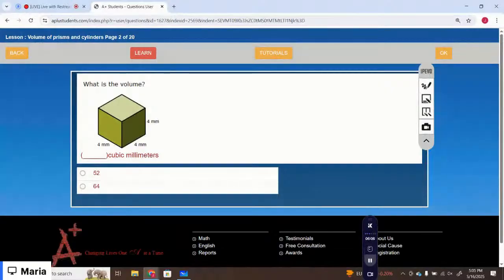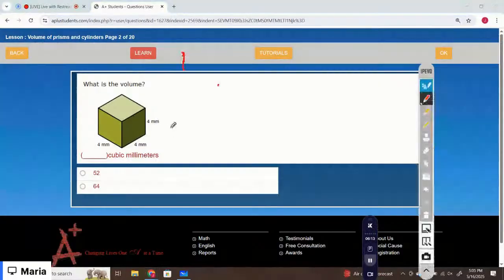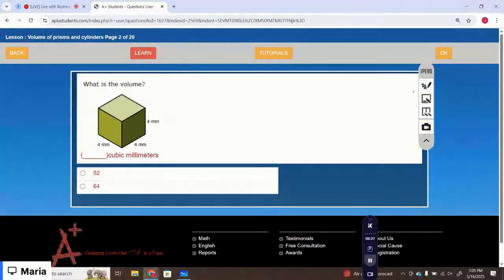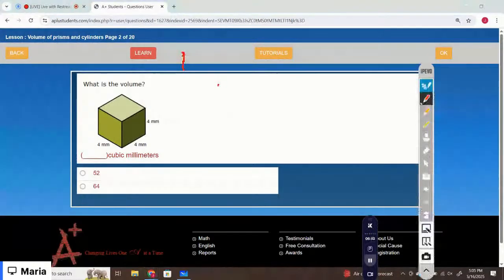What is the volume? Four times four times four times four.